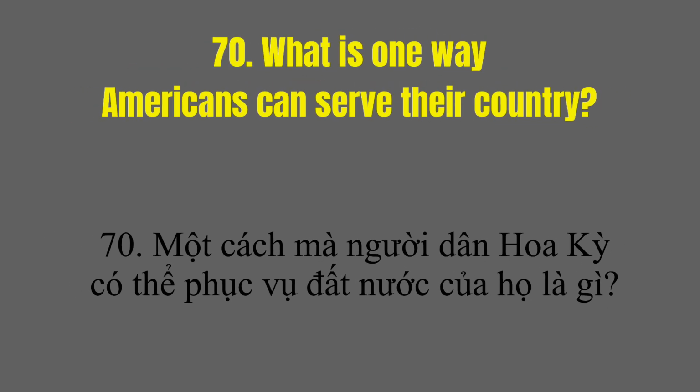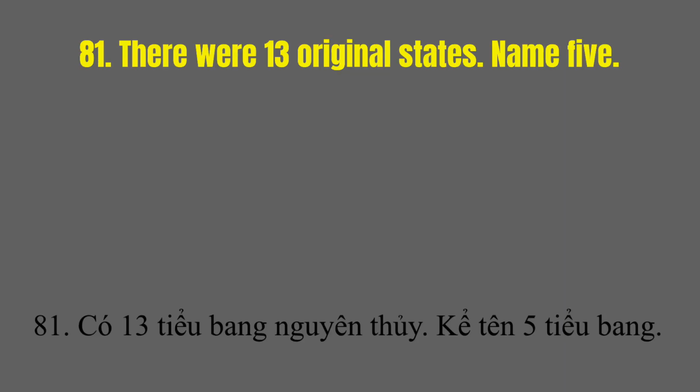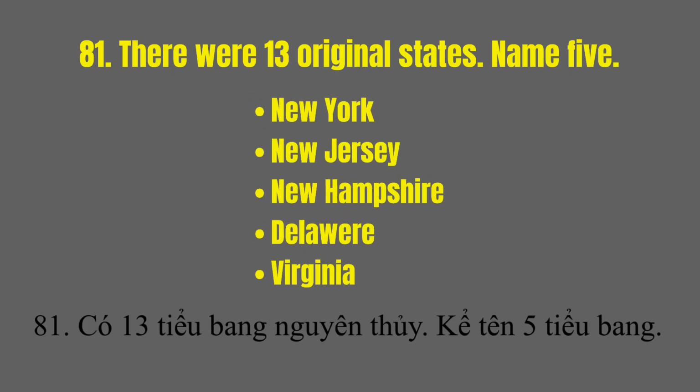What is one way Americans can serve their country? Vote. There were 13 original states. Name 5. New York, New Jersey, New Hampshire, Delaware, Virginia.